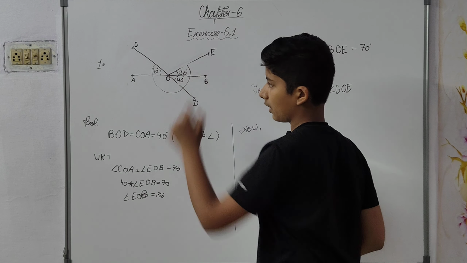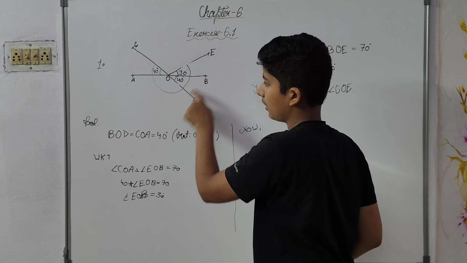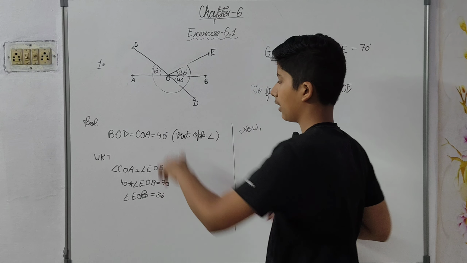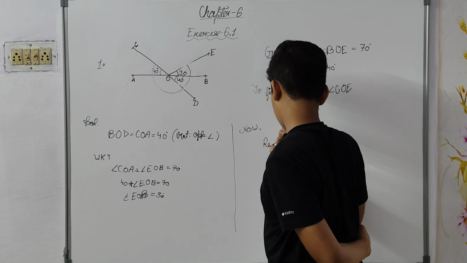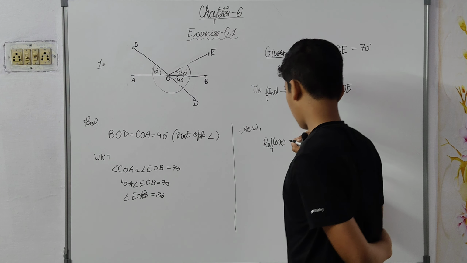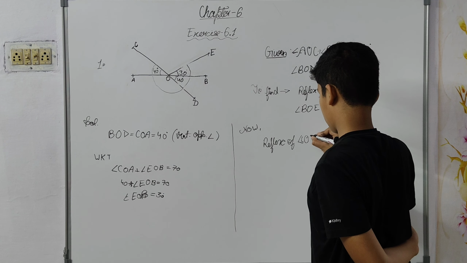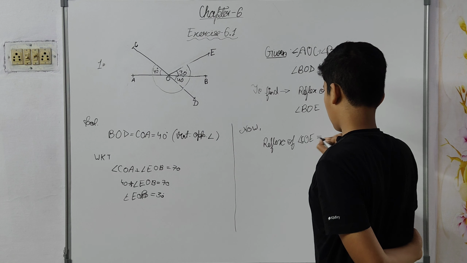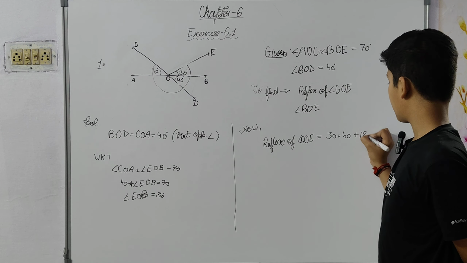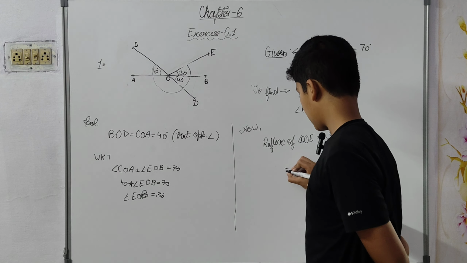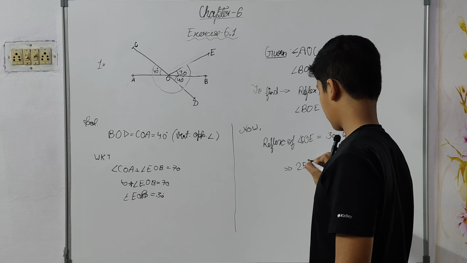So firstly 40 plus 30, which is 70, and angle AOB this side is 180 degrees. So reflex of COE equals 30 plus 40 plus 180, which is equal to 250 degrees.